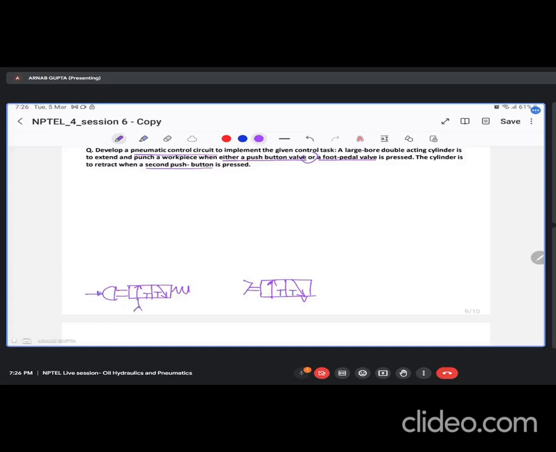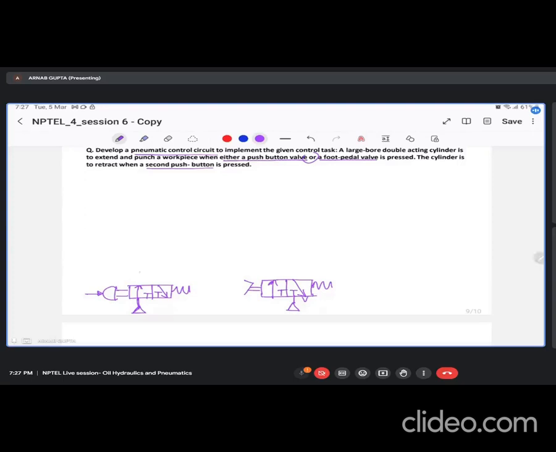So this will receive flow. I am drawing this triangle again. I already discussed this triangle replaces the power pack, the basic compressor unit and the FRL unit. Here this is not pressed, so this particular null position is activated.